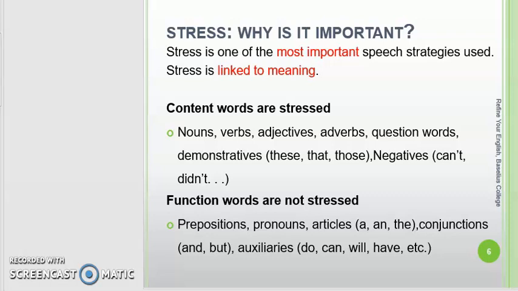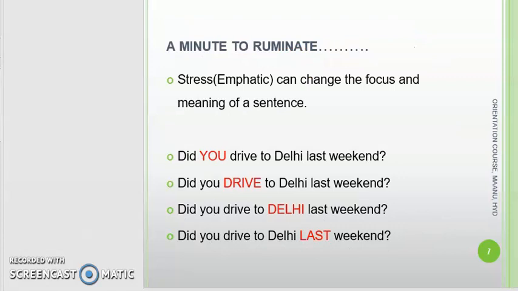The function words like the pronouns he, she, it, articles like a and an, prepositions over, under, conjunctions and, but, and auxiliaries are usually left unstressed. Stress gives the right kind of emphasis and it can change the focus and meaning of the sentence.